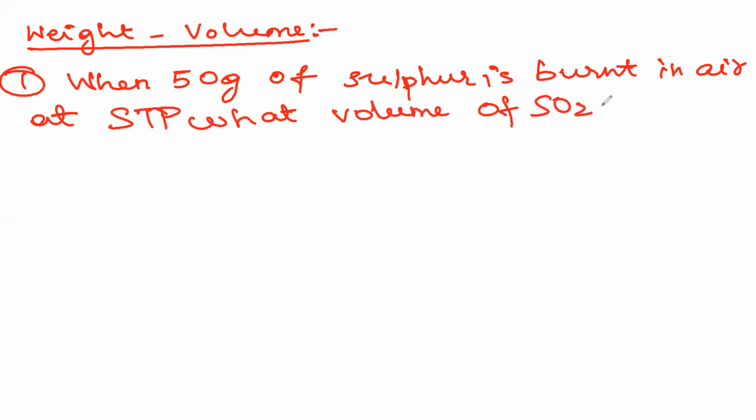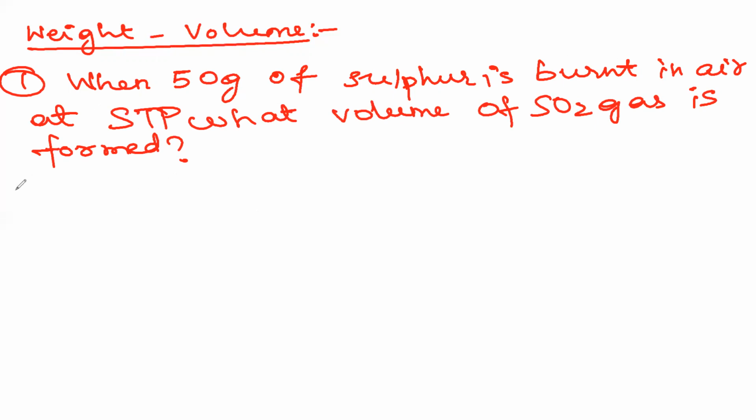Here they will say air or oxygen, so here I'm taking air or oxygen. Except air means we have to take air or oxygen. So when 50 grams of sulfur is burnt in air at STP, what volume of sulfur dioxide gas is formed?